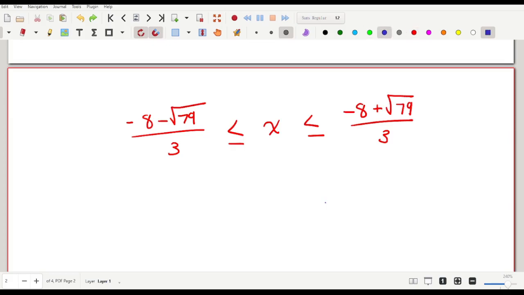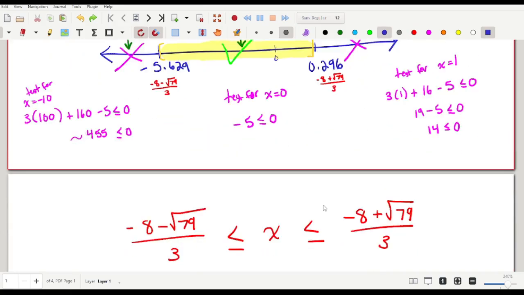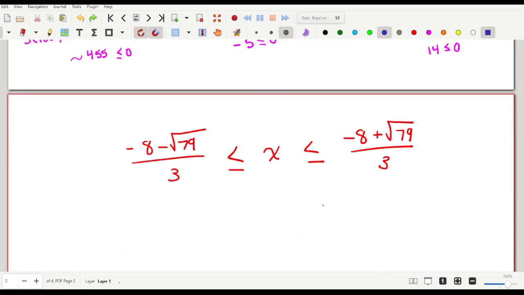I guess I could write the decimal equivalents, if anyone's interested in that. I think this was it. -5.629. x has to be in between these values, and 0.296, I think.